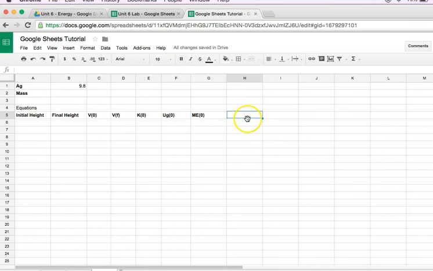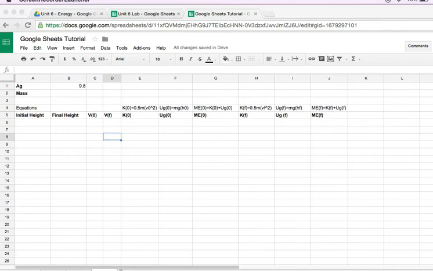Then over here, I want to do all my finals. I will have a final kinetic energy. You guys can make it K or you can make it KF, doesn't matter. Then I will have a final potential energy. And then I will have a final mechanical energy.